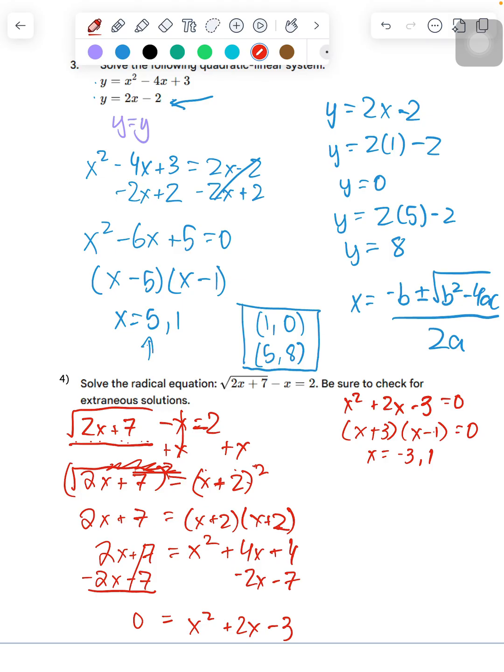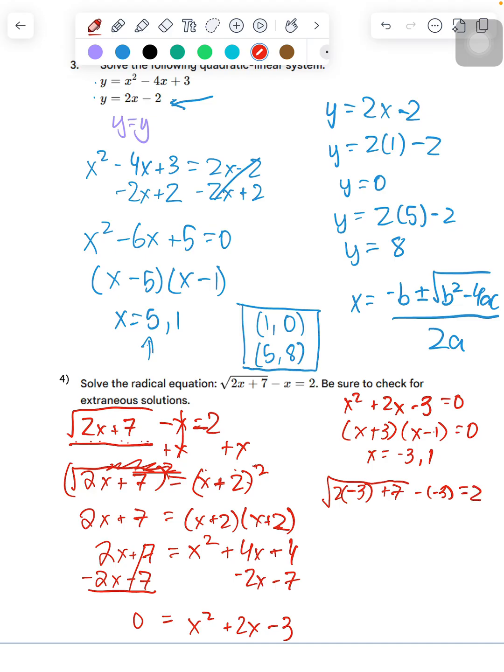Now remember, when I solve radicals, I have to check. I have to plug these numbers back in to see if my equation is correct. First I'm going to check negative 3 in the original equation. So I have the square root of 2 times negative 3 plus 7, minus negative 3, equals 2.